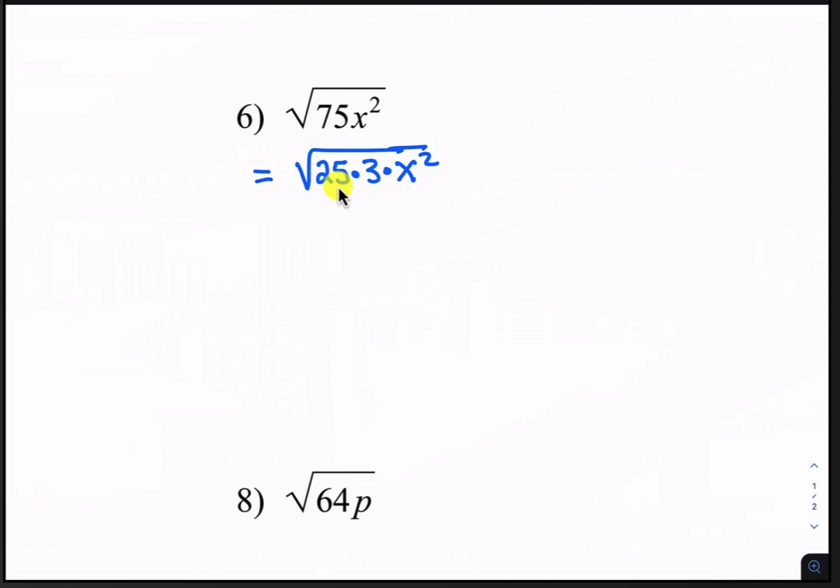The square root of 25 is 5 because 5 times 5 is 25. The 3 is going to stay under the radical. The square root of x squared is x. So we have 5x with the square root of 3.